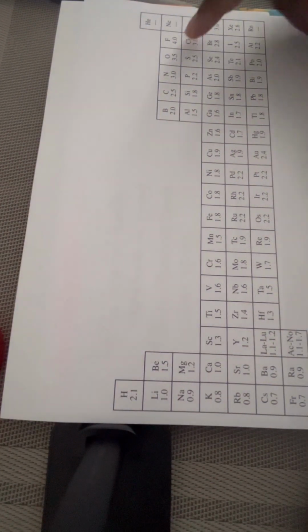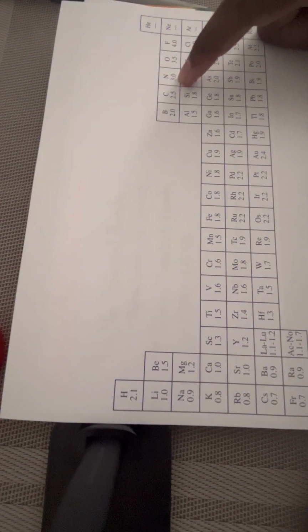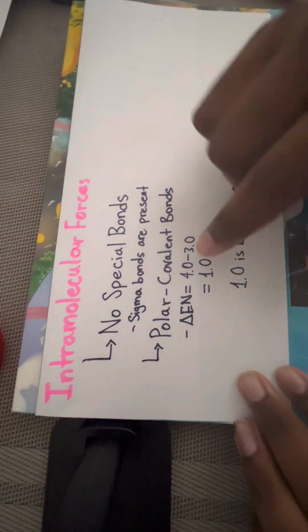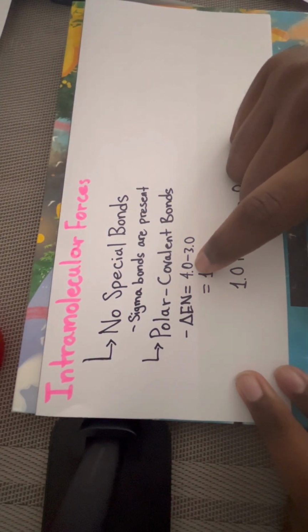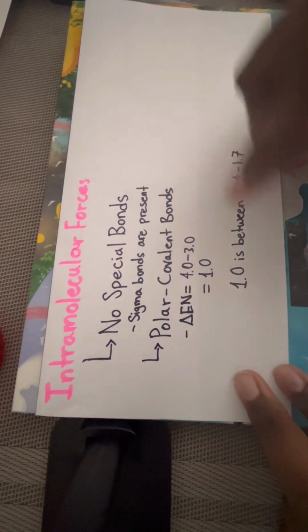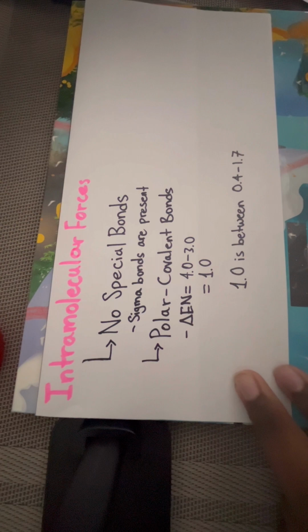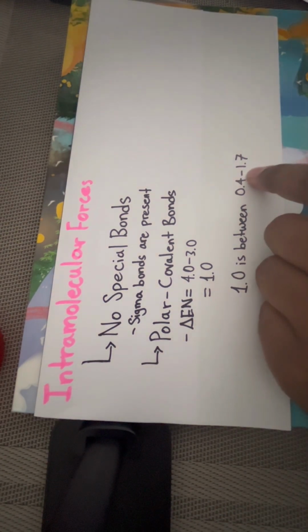If you look at the electronegativity periodic table, nitrogen has an electronegativity of 3, and fluorine has an electronegativity of 4. So if we take the highest electronegativity subtracted by the lower, you would get 1. 1 is between 0.4 and 1.7.